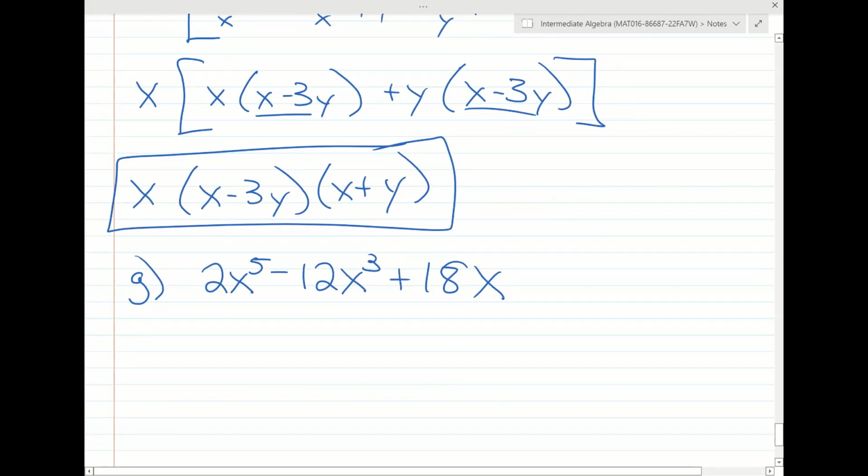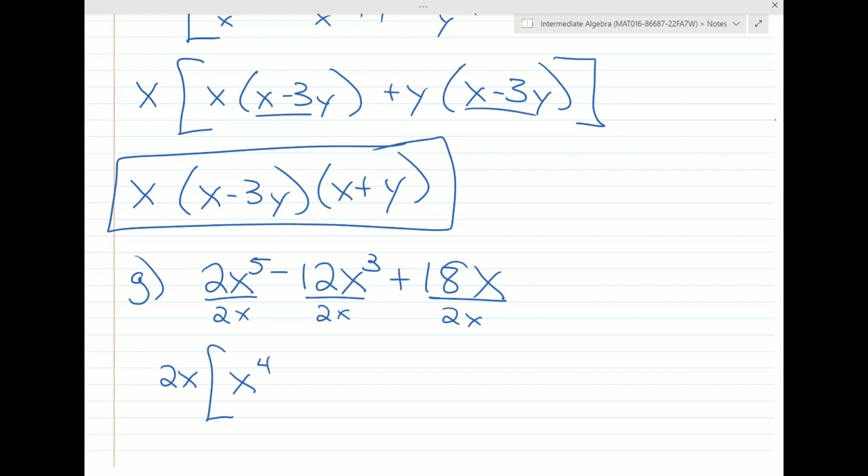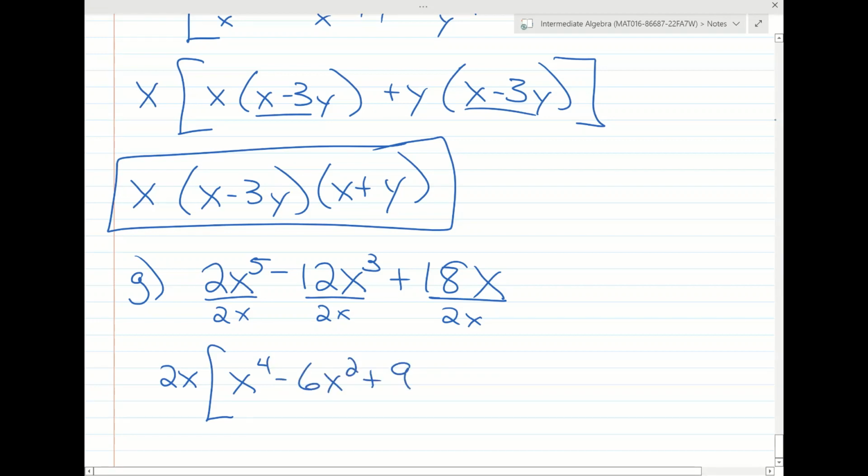As anyone sees GCF, we could take out of all three. 2x, right? So go ahead and take out a 2x from everything. And we're left with x to the fourth minus 6x squared plus 9.